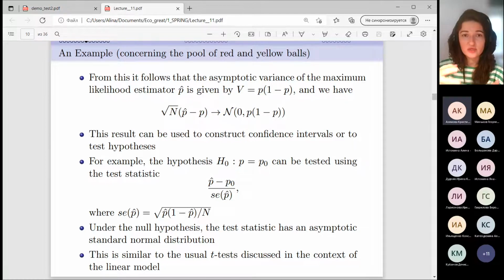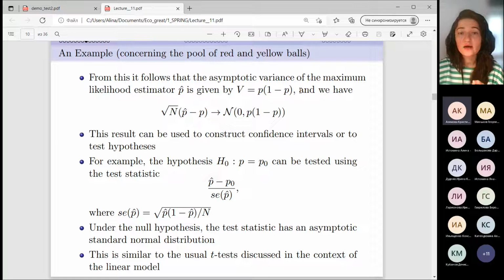Because of this we need standard errors. And of course, the asymptotic variance of the maximum likelihood estimator is given again from the Bernoulli distribution theory, and it's not the same. We can't use the same formula as in the ordinary least squares method.